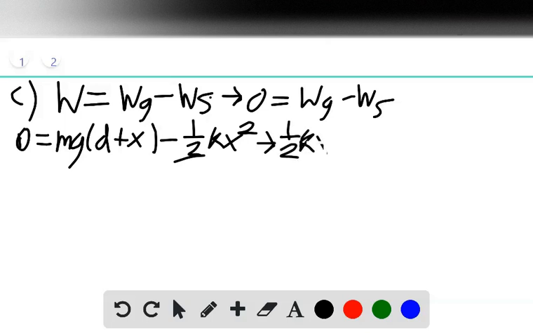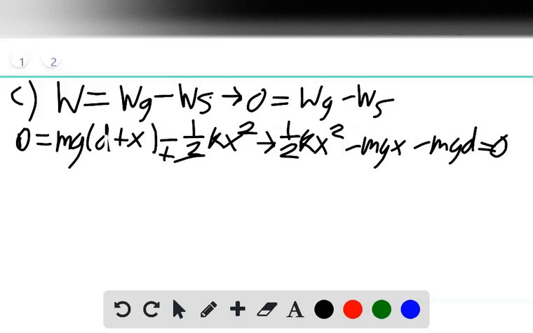So 1/2 kx squared minus mgx minus mgd equals 0. All right, and that's just adding everything over, distributing the mg to the d and the x, and then subtracting those over the other side. All right, so then we can do quadratic equation.